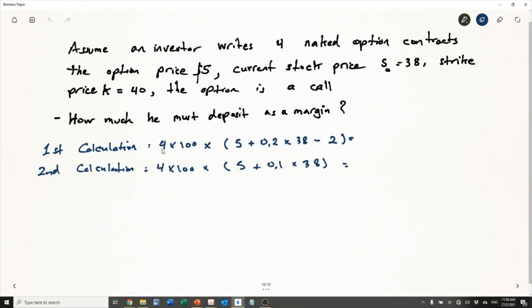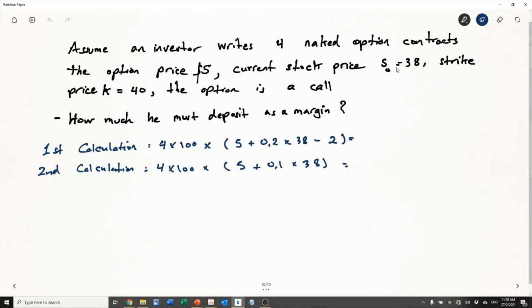So we multiply 4 times 100, so we have 400 options, times the proceeds of sale, which is the premium. Now when the investor writes an option, he will receive the premium, so the premium for him is going to be considered as an income. And we add to the premium 20% of the underlying stock price, which is 38.